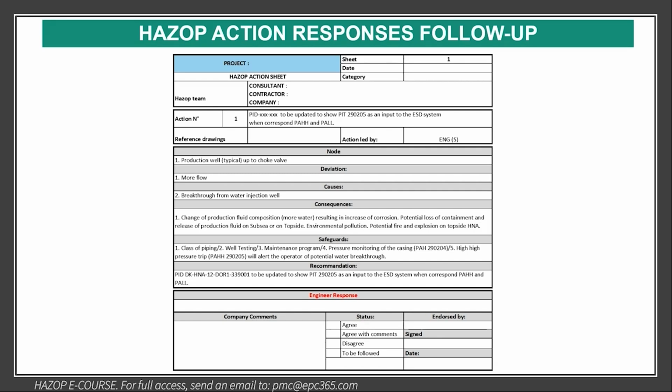We recommend SharePoint, where all of these actions can be closed and people can work together to close them without wasting a lot of time. The communication is very important between the company and the engineer.